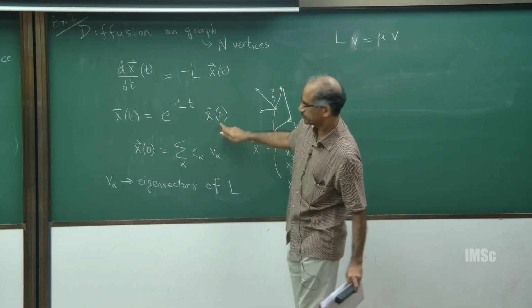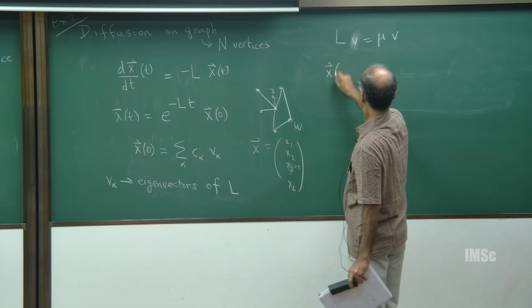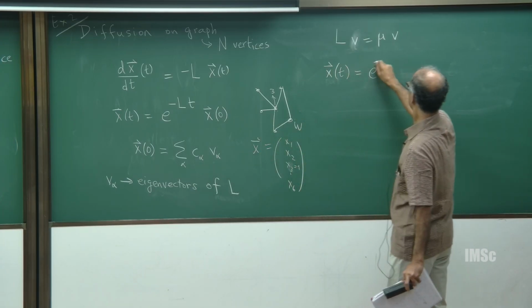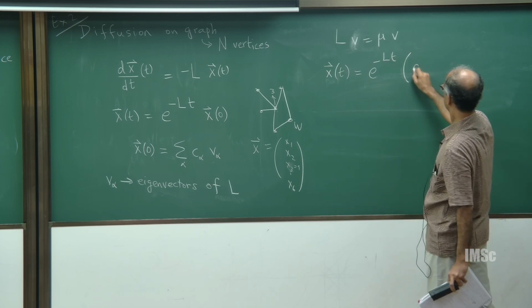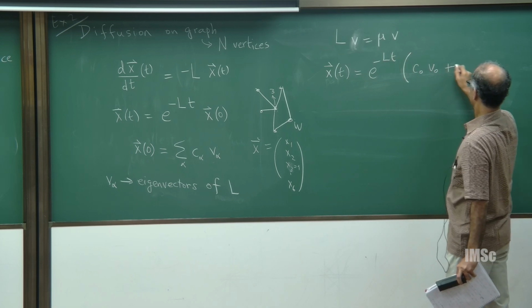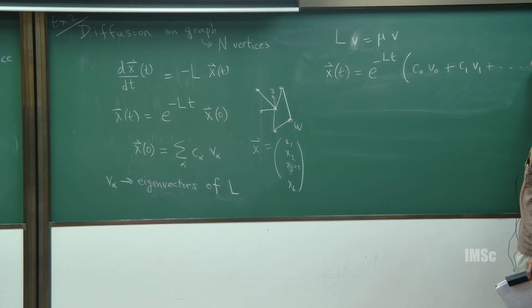Now if you substitute this back in this equation, it will be e to the power minus Lt acting on c0 v0 plus c1 v1 and so on up to cn vn.